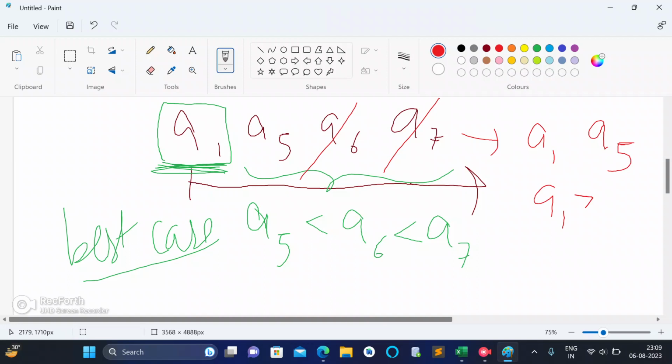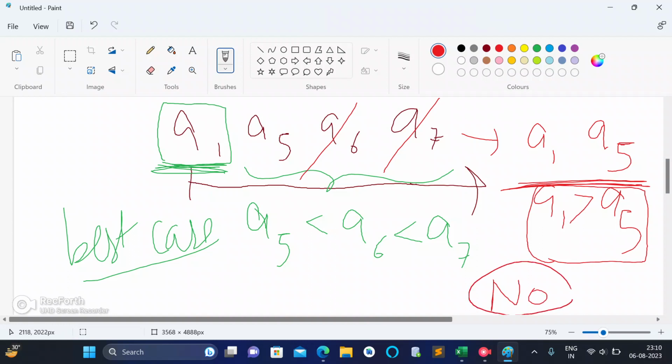So we are left with A1 and A5, in which I know A1 is greater than A5. So I won't be able to remove A1, and I won't be able to remove A5. So at the end two elements are left. So I can claim that the answer would be no in this case.